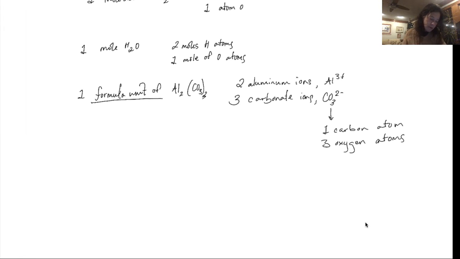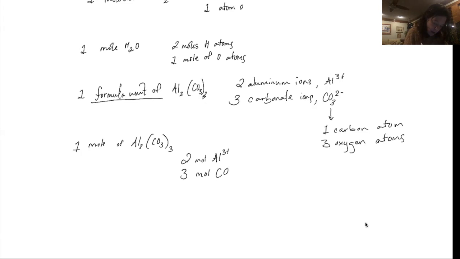Or if I have 1 mole of aluminum carbonate, right? Then I have 2 moles of aluminum ions, and I have 3 moles of carbonate, 2 negative ions, okay?